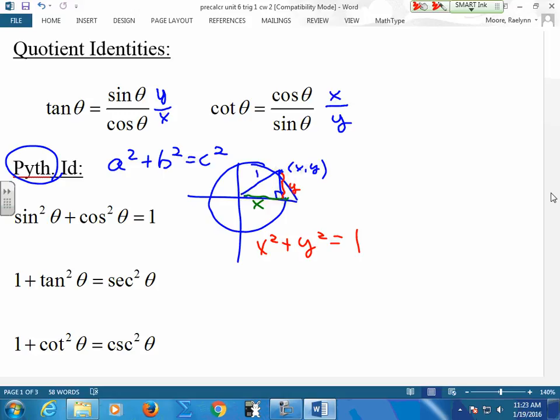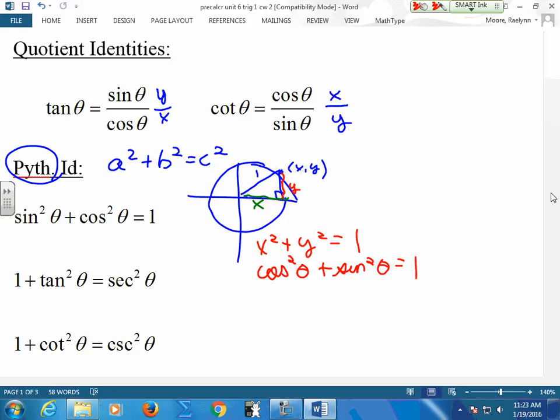Now I'm on the unit circle. On the unit circle, which one is the x? The sine or the cosine? Cosine. So I'm going to replace my x with cosine. Since it's squared, I have to square it. My sine is my y, and since it's squared, I have to square it. There's my Pythagorean identity. It's Pythagorean theorem.